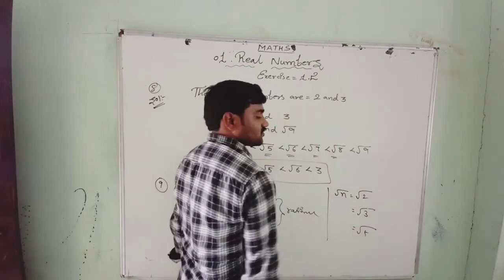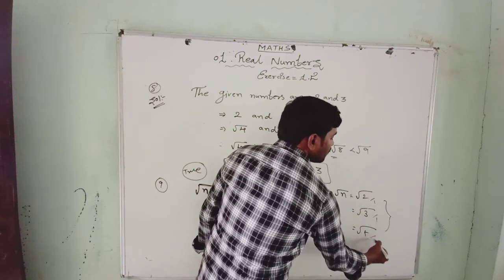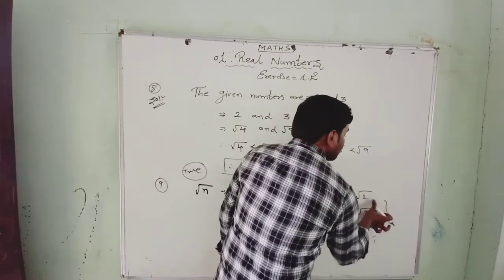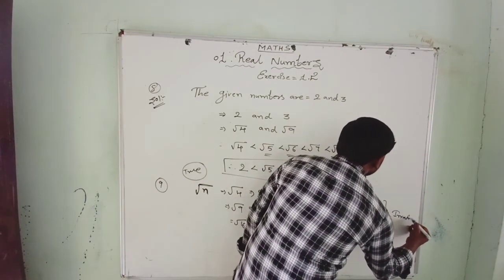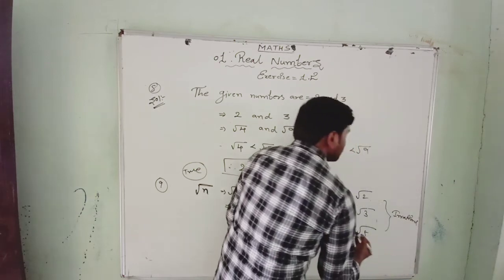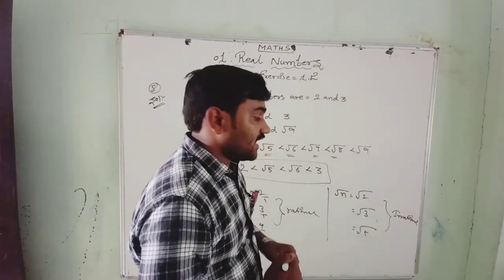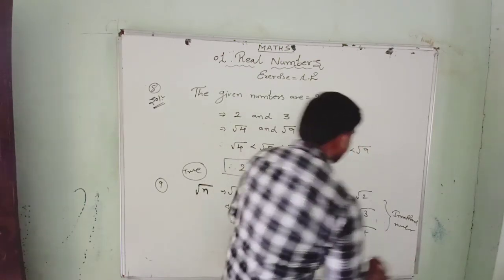These cannot be written as root 2 by 1, root 3 by 1, root 5 by 1. They are irrational numbers only. The given statement is true.